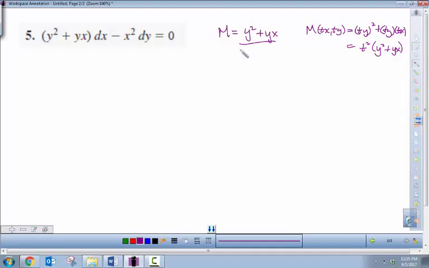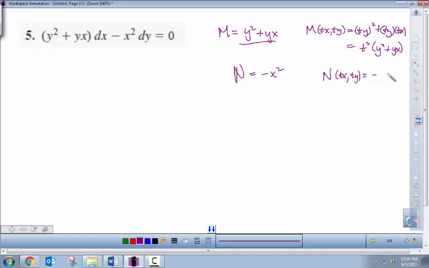Now, for this whole differential equation to be homogeneous, I need to check the other function and show that it actually has the same degree, degree 2. And if it doesn't, then maybe it's not homogeneous and we have to do something else. So it's x squared. I'm going to look for all the x's and replace them with t times x, and the y's with t times y.